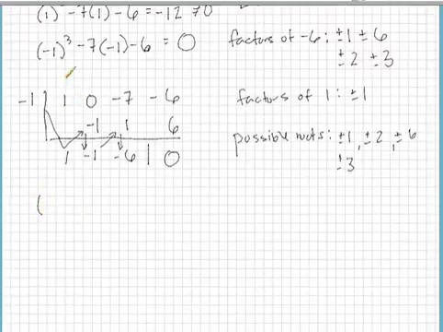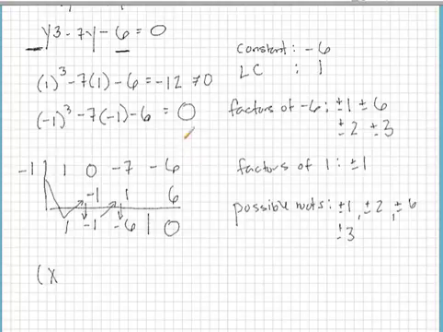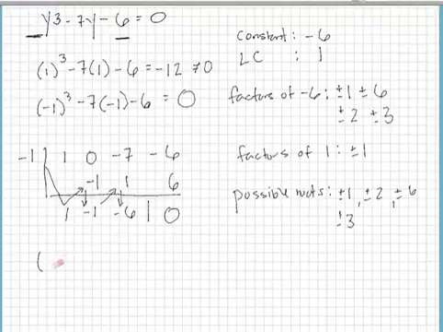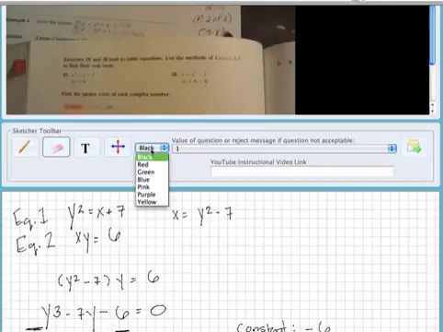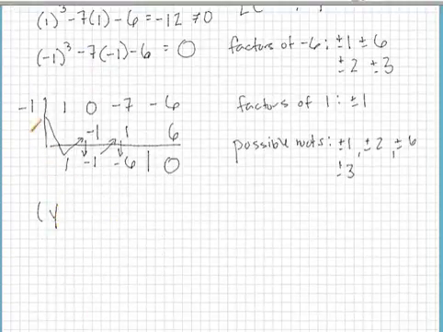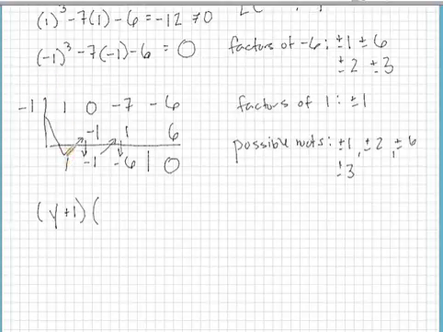So my factors of this equation so far are y plus 1, and I'm just going to reduce my original power of y by 1, so that I get 1y squared minus 1y minus 6.